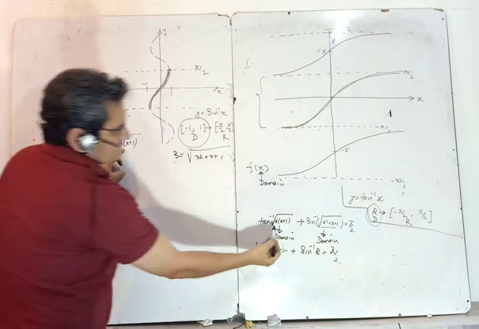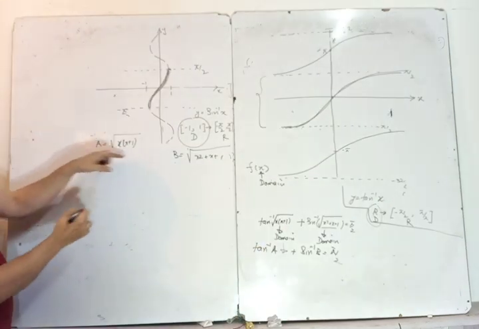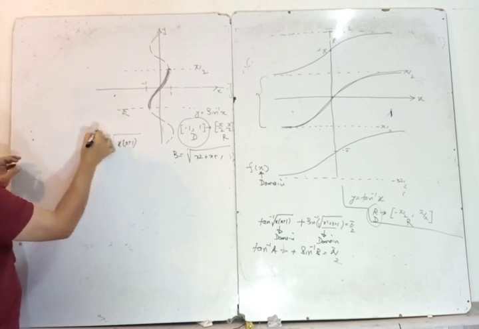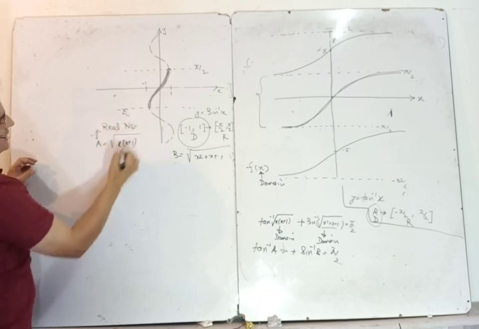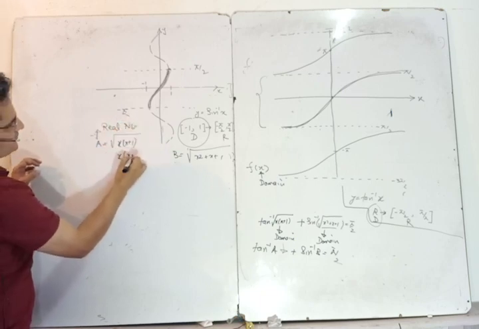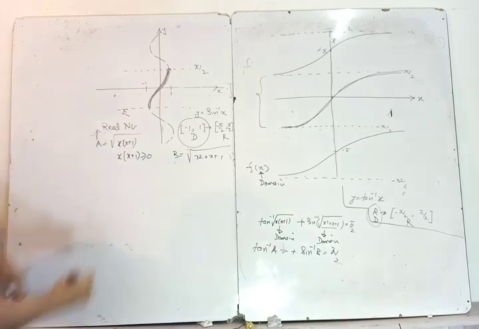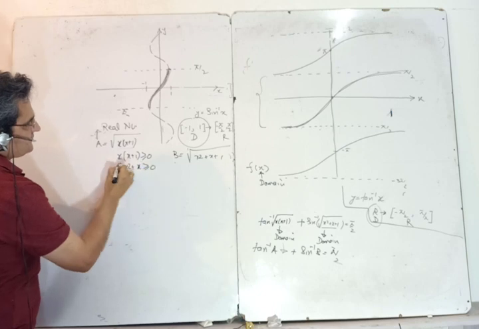Let me see this number first. This has to be real. For a to be a real number, x into x plus 1 has to be greater than or equal to 0, otherwise a will not be a real number. Means x square plus x has to be greater than or equal to 0.